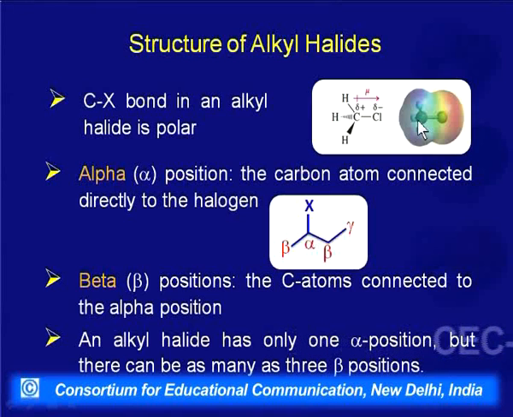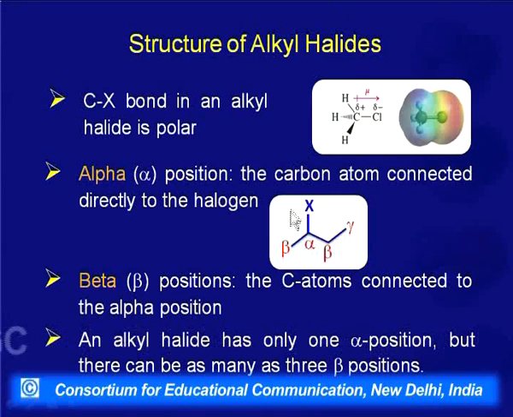The electrostatic potential map also shows that alkyl halides have a polarity of the kind we are talking about, that is, carbon becomes slightly delta plus and the halogen atom is delta negative.